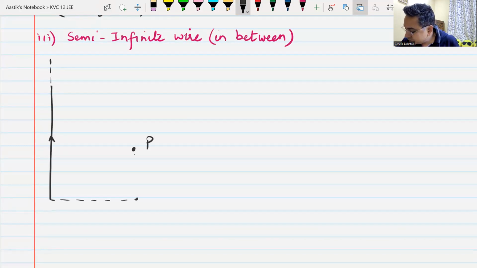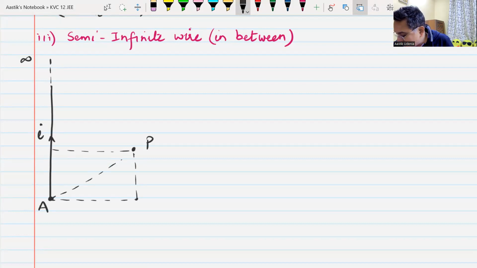The wire starts from this point A, and then it goes till infinity. But the point P does not lie at the end. Point P lies somewhere before the end. Let me call this angle theta, or theta 1, or whatever. The distance is equal to R.